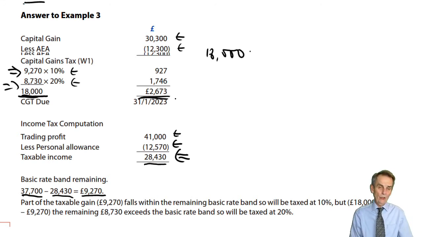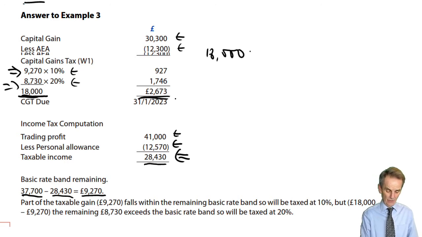Okay, a little bit more interesting that one than example 2, because it did mean that we had to do a split calculation of the CGT liability, with only some of it falling into the lower rate, because it's within the basic rate band limit still, and some of it falling into the higher rate there, because we become a higher rate taxpayer as a result of adding in those taxable gains into the figure already of taxable income off the income tax computation.